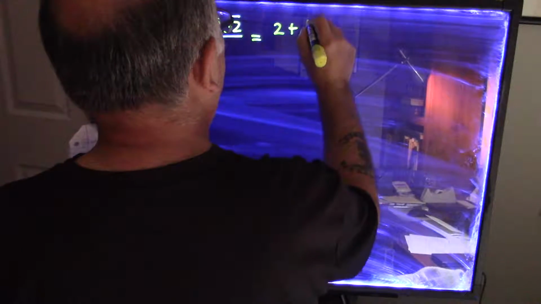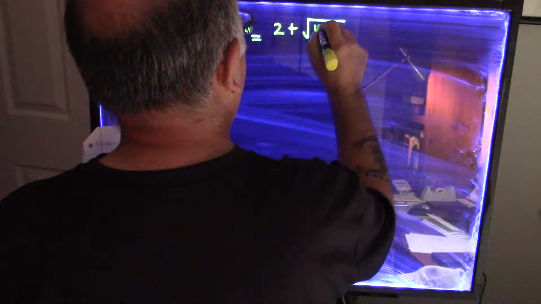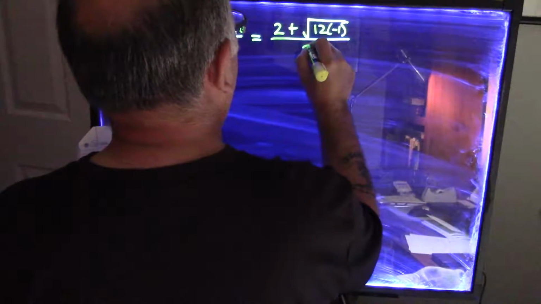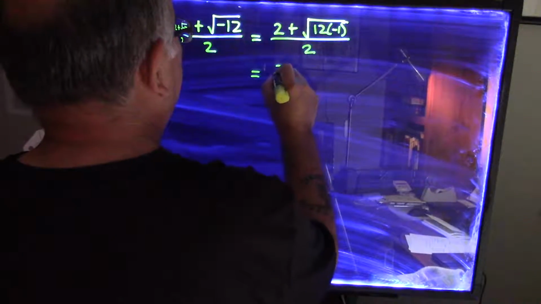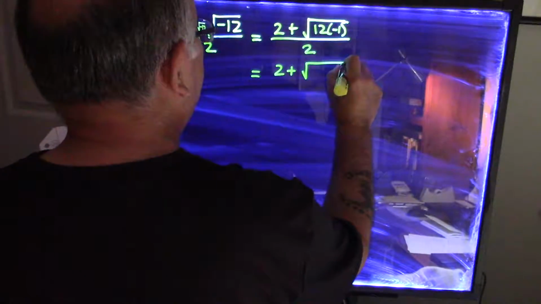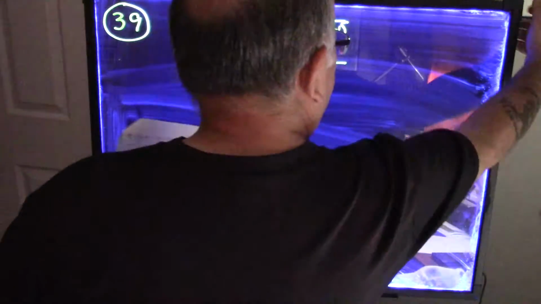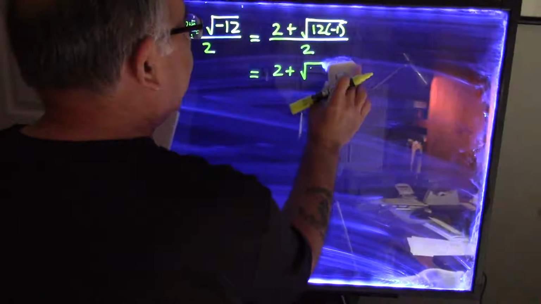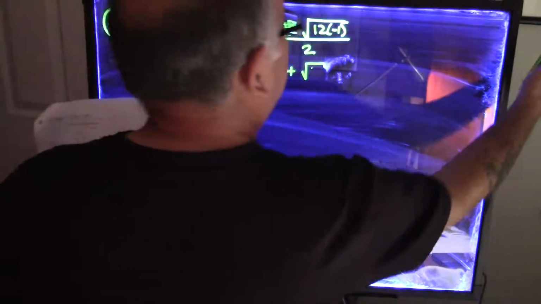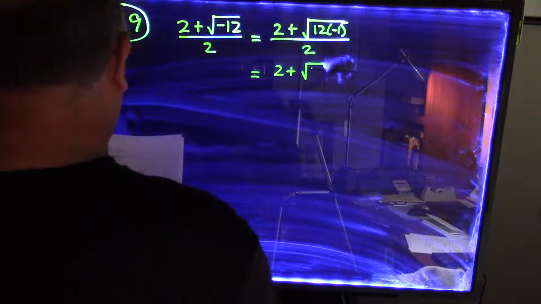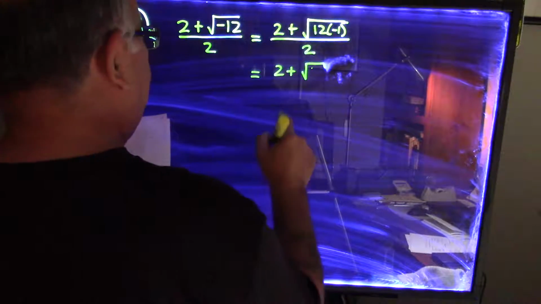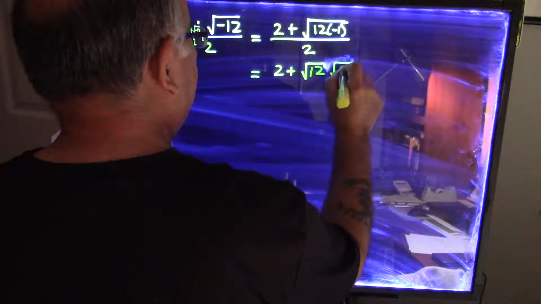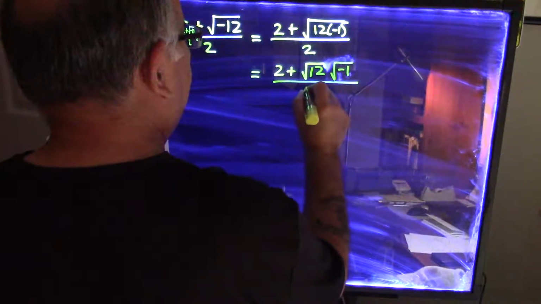That's 2 plus square root of 12 times negative 1 under the radical over 2, which is 2 plus square root of, well, I should erase this a little bit, it's a little bit too long. Okay, so that's 2 plus the square root of 12 times square root of negative 1 all over 2.